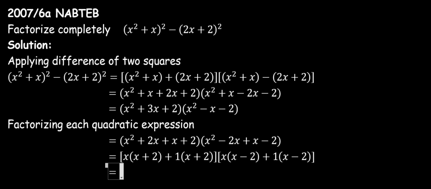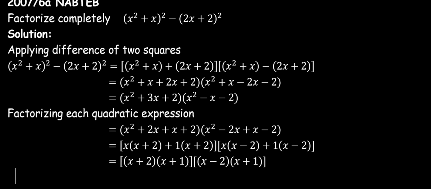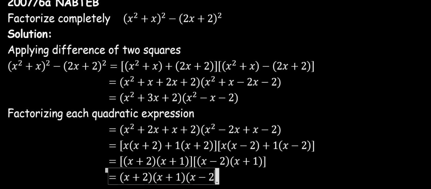And that will give us (x + 2)(x + 1), then into the bigger bracket (x − 2)(x + 1). And that will give us our beautiful result as (x + 2)(x + 1)(x − 2)(x + 1). That's the end of the examples under difference of two square expression.